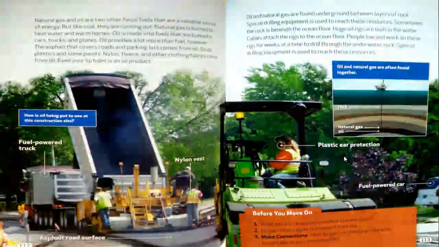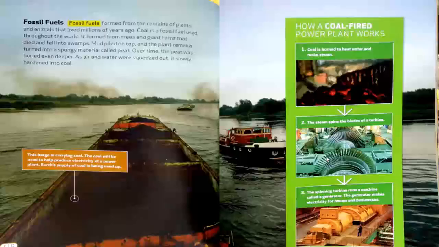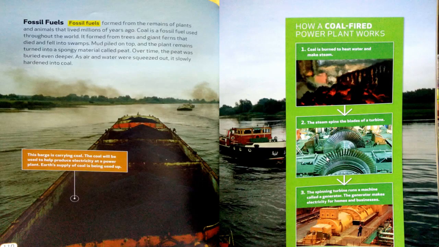Okay, steam is moving these blades of a turbine, and the spinning turbine runs a machine called a generator. What is the generator? The generator produces electricity. So the spinning turbine runs a machine called a generator, which is used for production of electricity for homes and businesses.